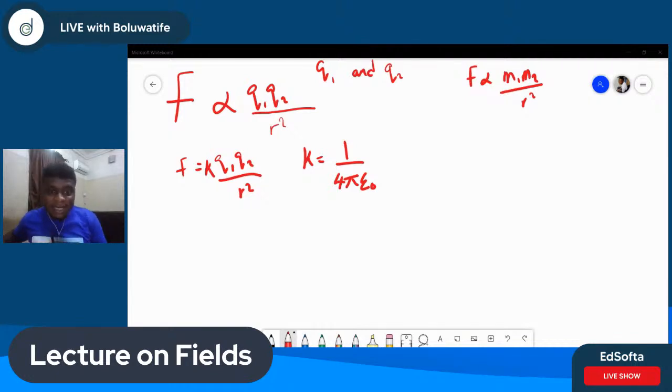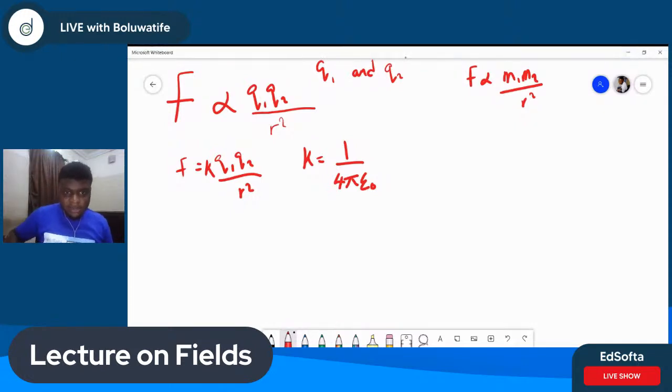The constant K is 8.988 times 10 raised to the power 9.